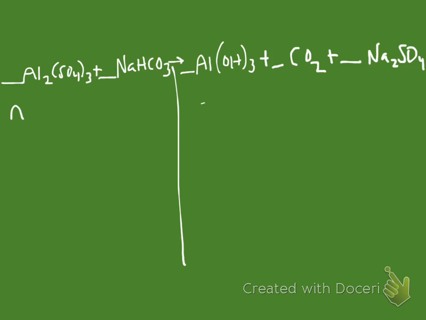So we can say aluminum, the sulfate ion, sodium, but that hydrogen carbonate ion breaks apart and gives us CO2 and a hydroxide ion. So hydrogen, carbon, and oxygen all have to be accounted for separately. So this is boogery because you got a lot of stuff.